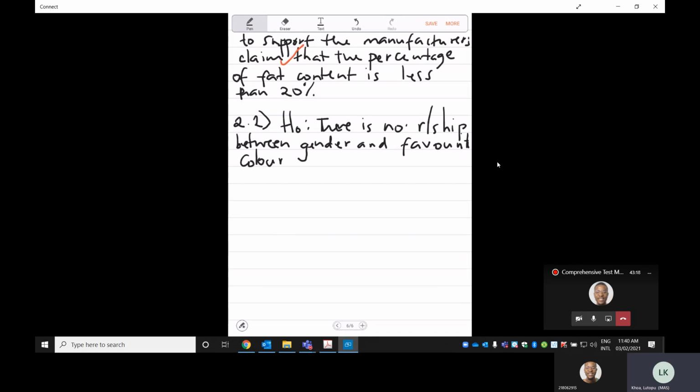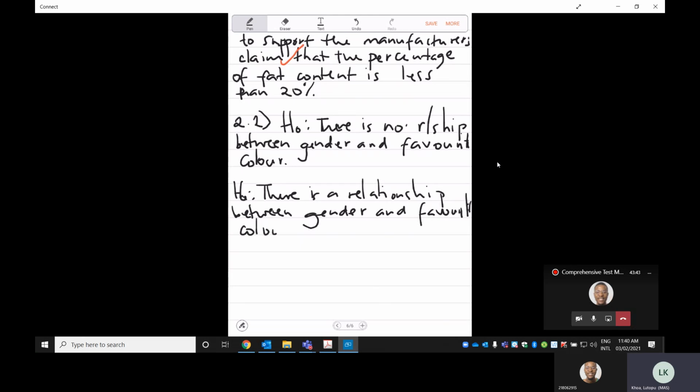And then the alternative is obviously just the opposite of that, which is there is a relationship between gender and favorite color.